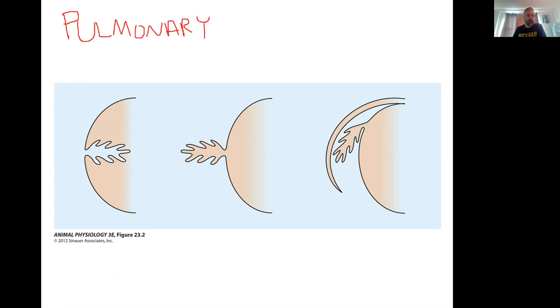This is of the lung, so something like this, right? Or in the case of something that sticks out of the body, an external respiratory membrane, these are branchial. Not brachial, that's the upper arm, but branchial. So that's these guys.